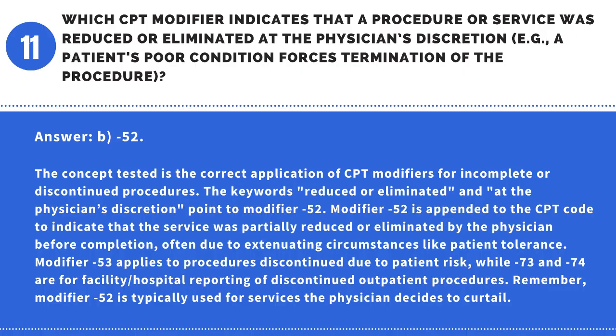Modifier -53 applies to procedures discontinued due to patient risk, while -73 and -74 are for facility/hospital reporting of discontinued outpatient procedures. Remember, modifier -52 is typically used for services the physician decides to curtail.